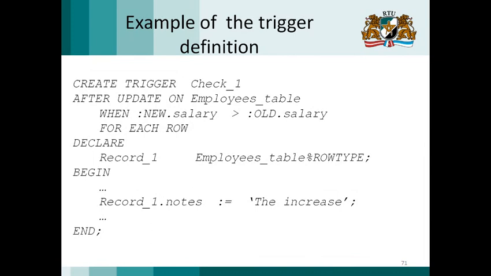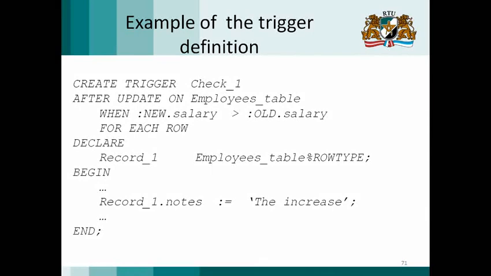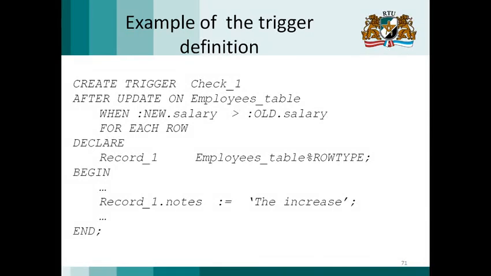Only in this case, this trigger will run. So if the new salary will not be greater than old salary, the condition will not be met. But there is also this condition for each row, so this condition will be checked for each row that is updated in this employees table.